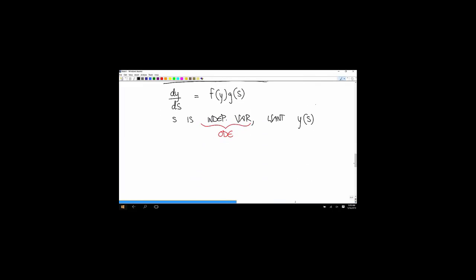You don't have to write this down, but let me just write down one that you can't solve by separation of variables. So let's say we have dx/dt times t plus x plus xt is equal to 1.